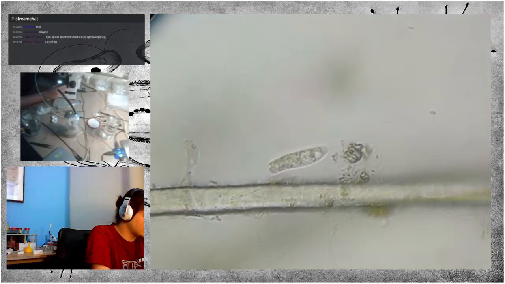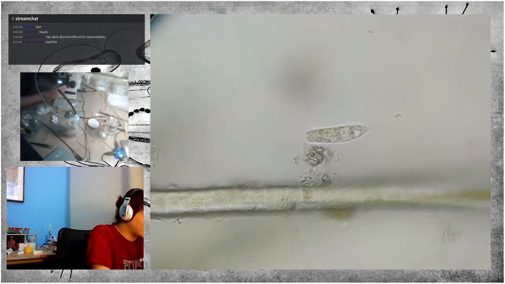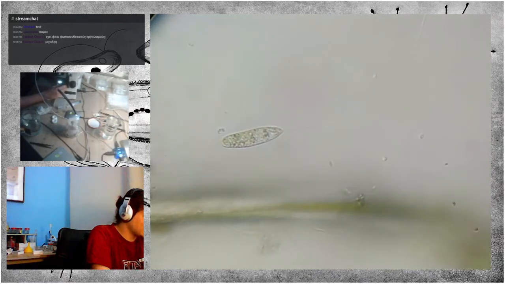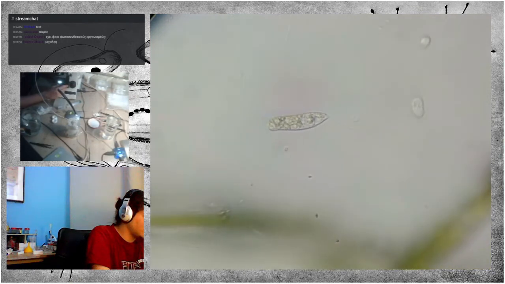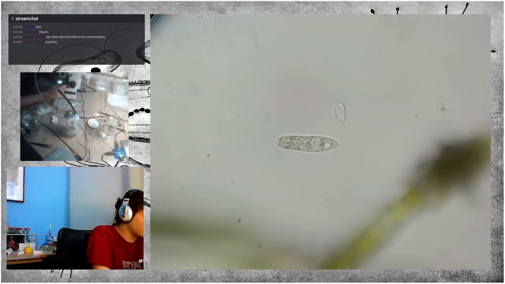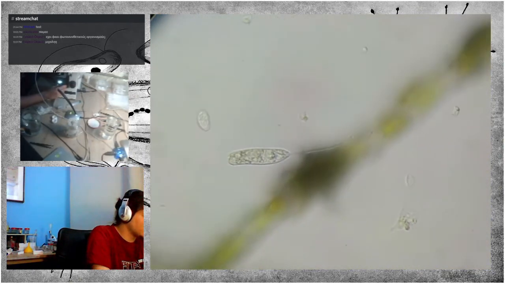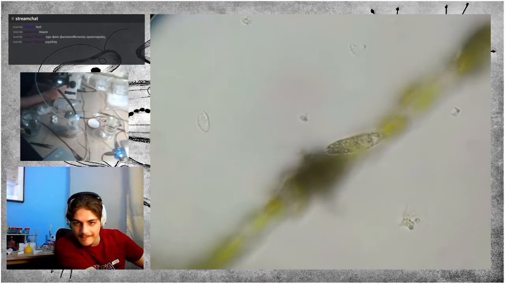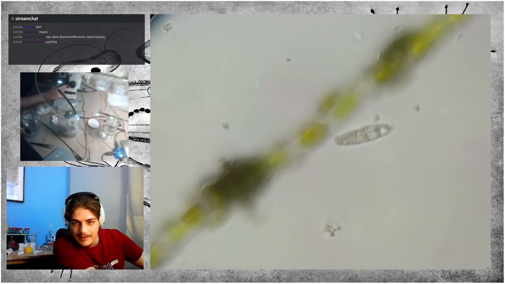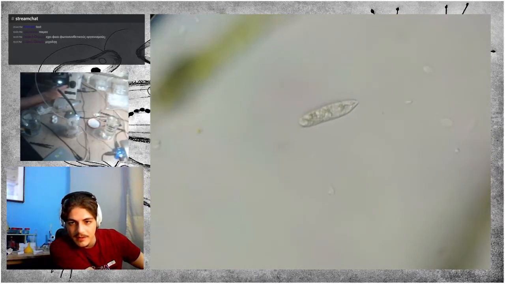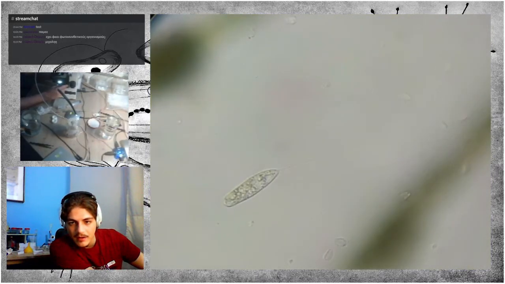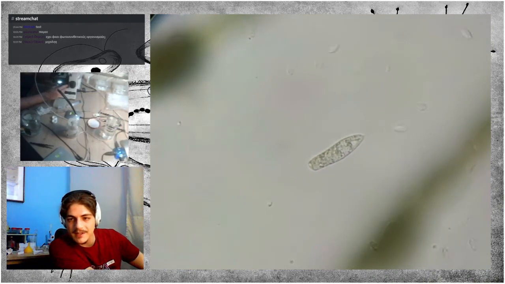Again, I'm not sure about the species, but I think this particular species, I have seen it again in slides from another sample. Let me see if I can show you the flagellum. You can just about see it now.